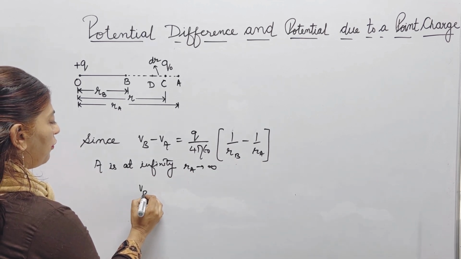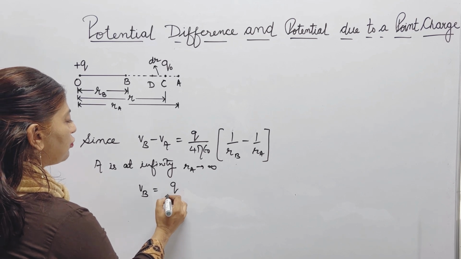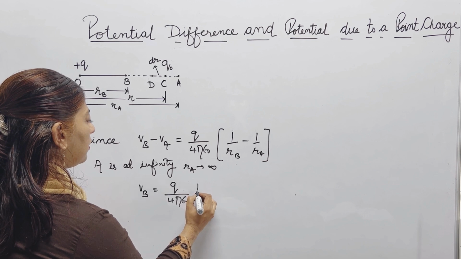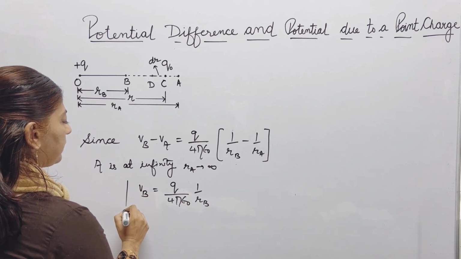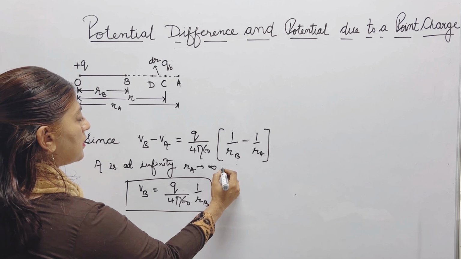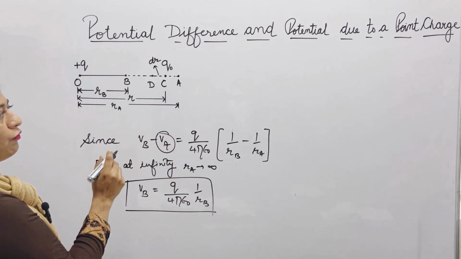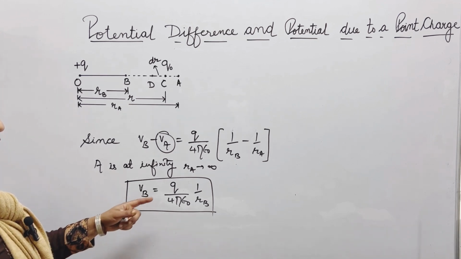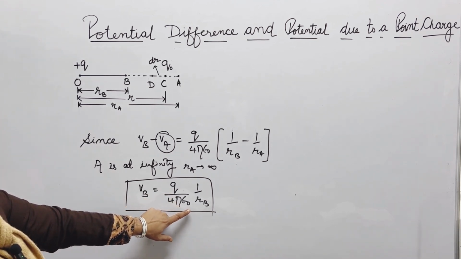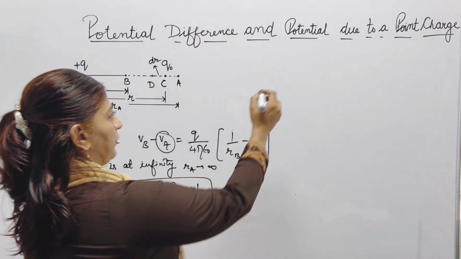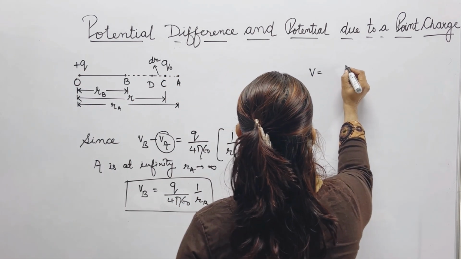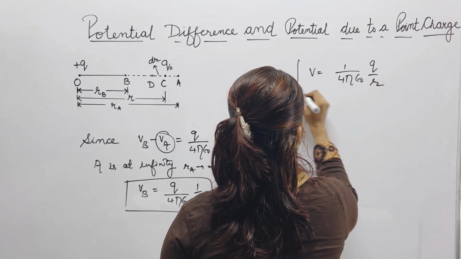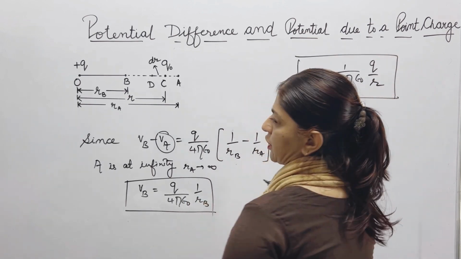So VB will be equal to Q by 4 pi epsilon naught times 1 over R. Since VA potential will be 0 for infinite distance, we get the potential at B is equal to Q by 4 pi epsilon naught times 1 upon RB. Or in general, this potential is 1 by 4 pi epsilon naught Q by R. So this is the relation for the potential.